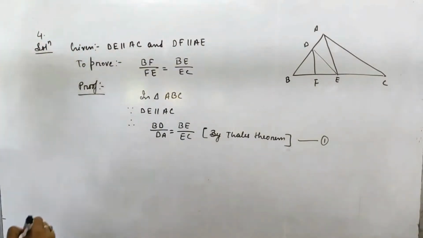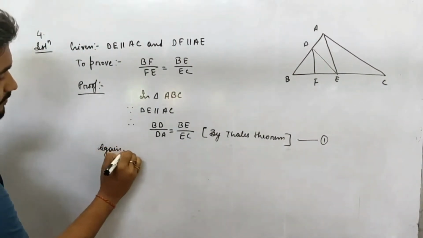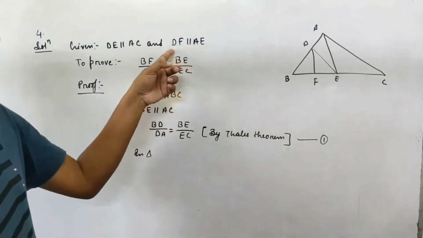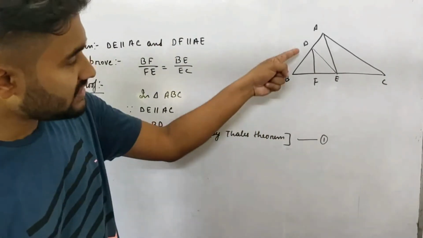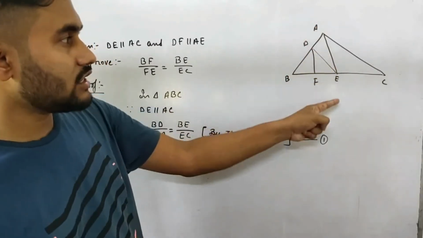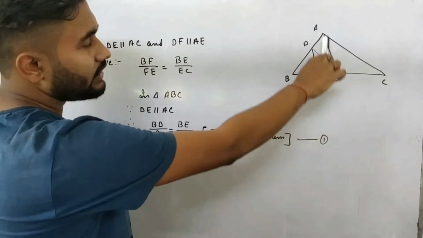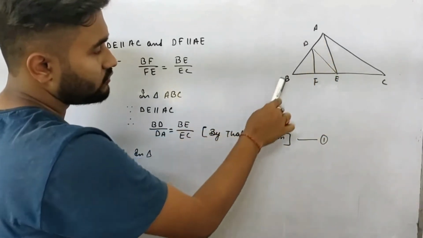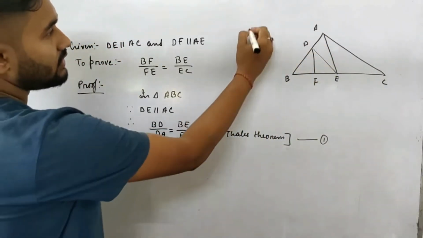Again in triangle. Now for this parallel, in which triangle DF is parallel to AE? So you see, this is DF, the smaller one, and this is AE, the larger one. So what will be the triangle? So larger one will definitely come in the triangle AE. And how? This will be the triangle ABE. Try to understand. This is DF, okay?